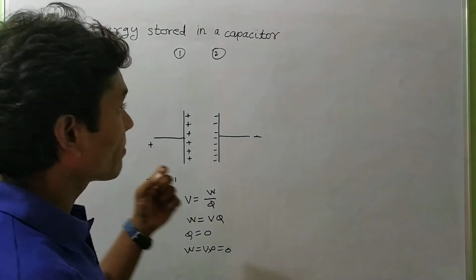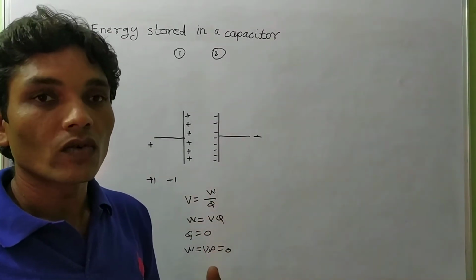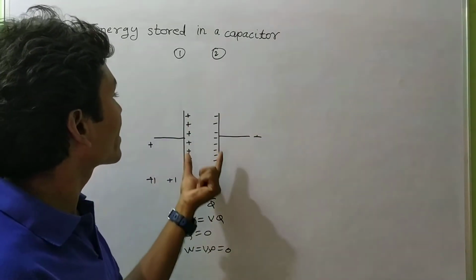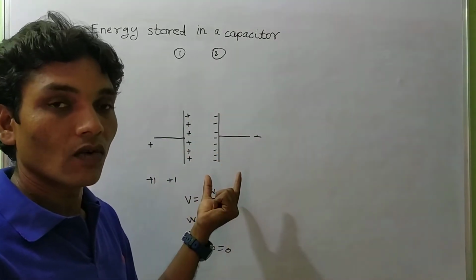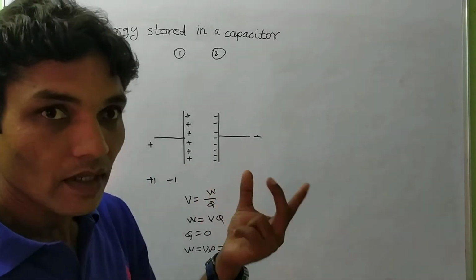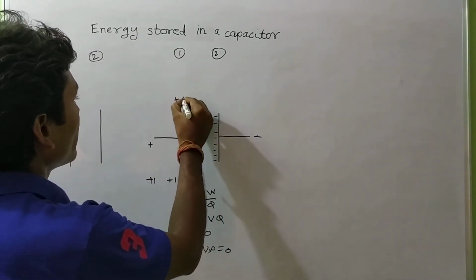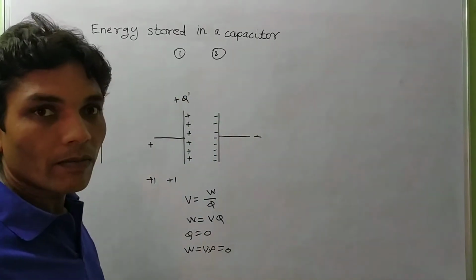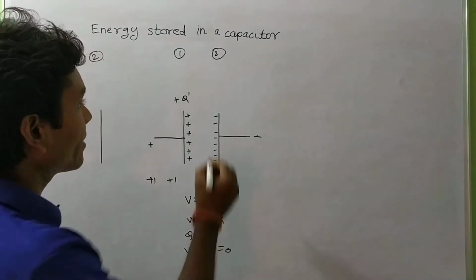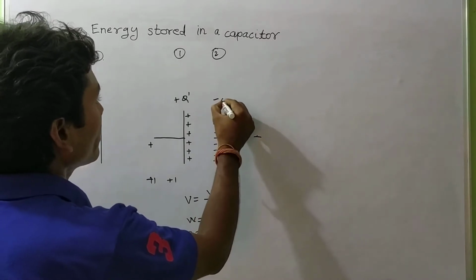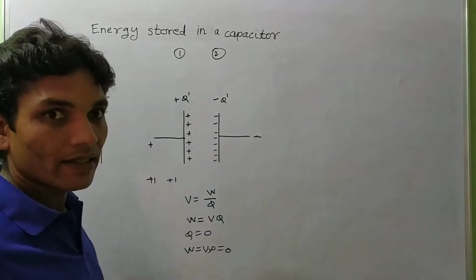We have to find the energy stored between the two plates of the capacitor. Now let the charge on the first plate be plus Q dash at any instant, and on the second plate minus Q dash.